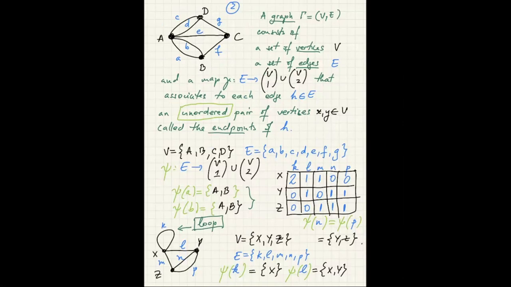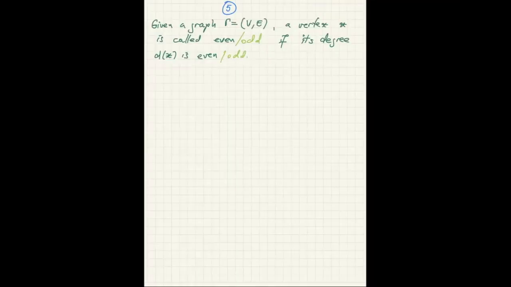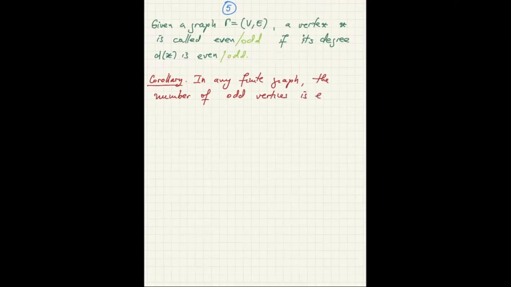Now, a consequence of the handshaking lemma is the following corollary. It says that in any finite graph, the number of odd vertices is even.